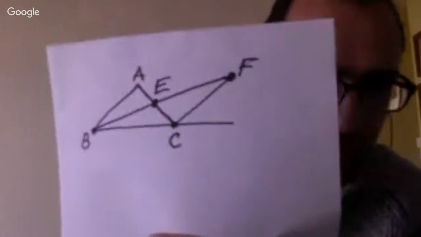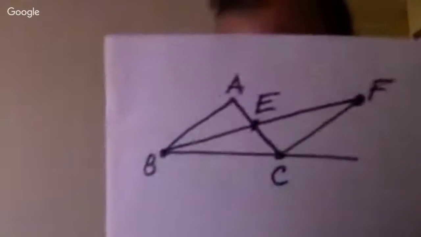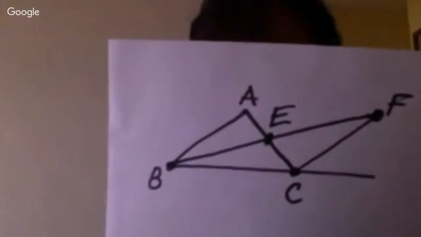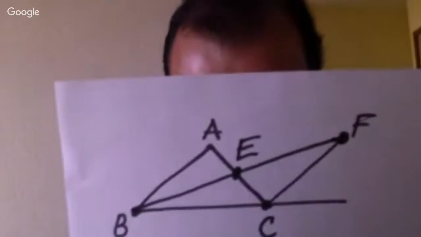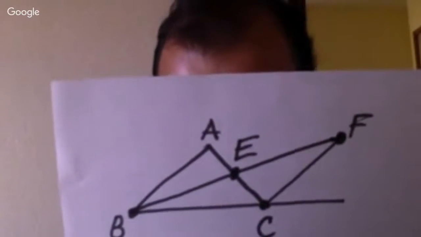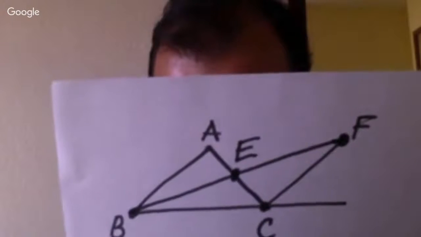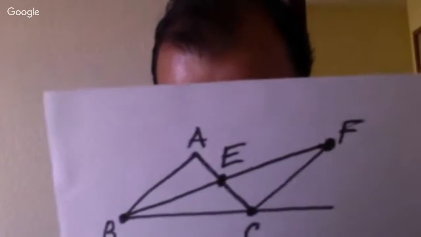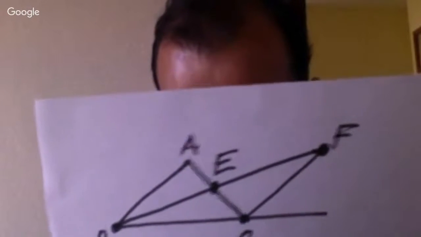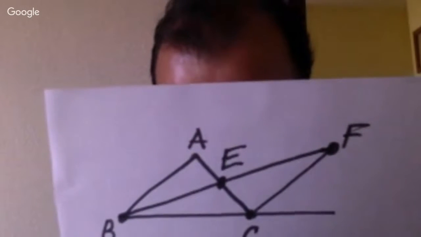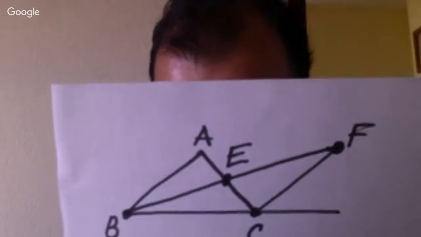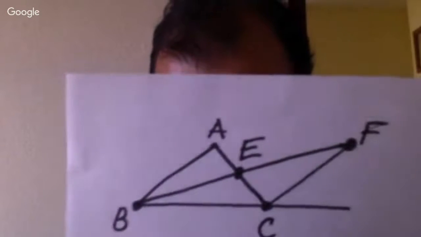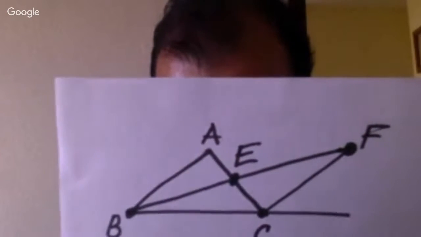So this was our diagram, if you remember, where we extended a line from B, cutting the side AC at its midpoint, and then extended BE to point F, where BE and EF can be said to be equal.